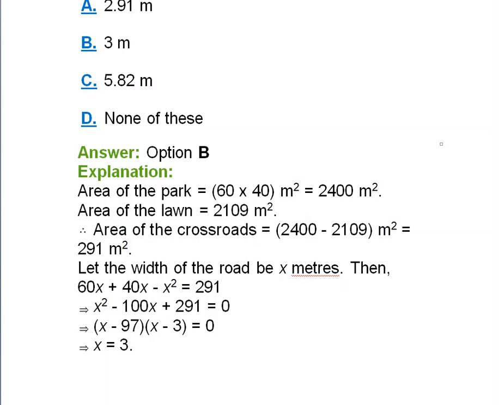Because we have to calculate the width of the road, so we put x, and 60x plus 40x minus x square equals 291, which is the area of the crossroads. Once you solve this, you'll get x equals 97 and x equals 3. There are two answers. Here we have assumed that x equals 3 is correct, because the width of the crossroad is asked. So moving on to further questions.